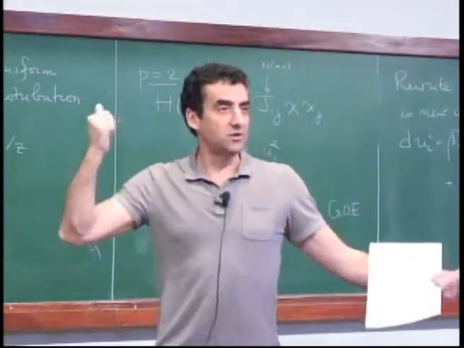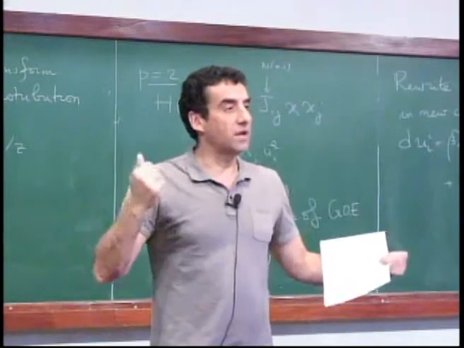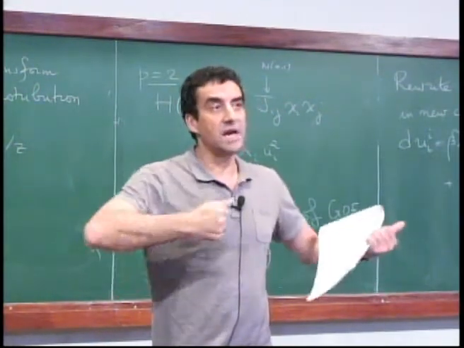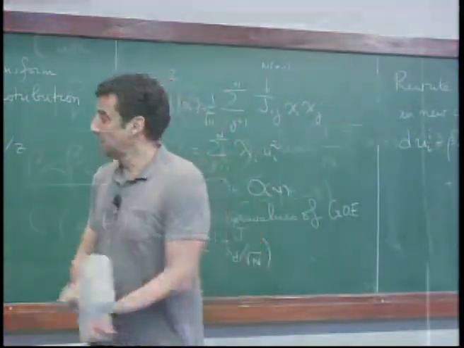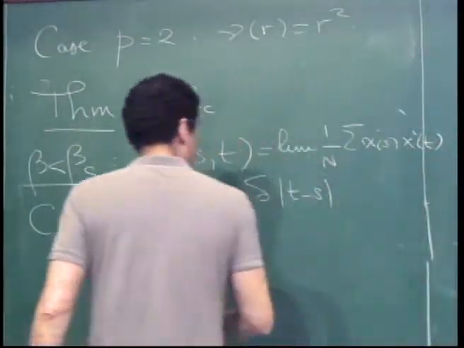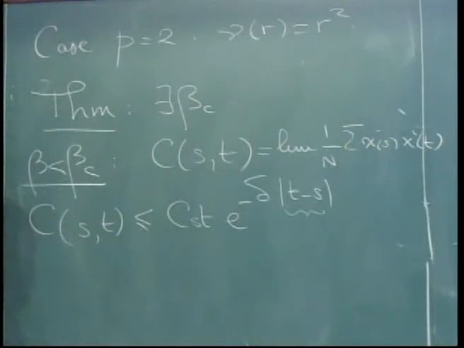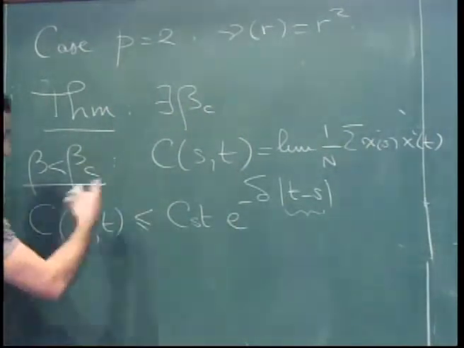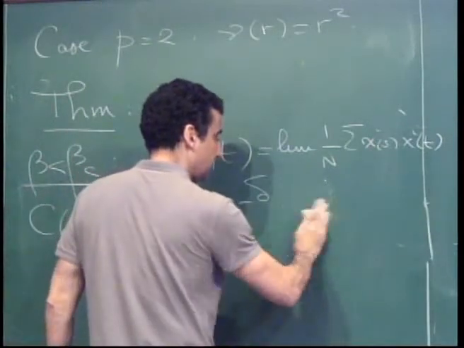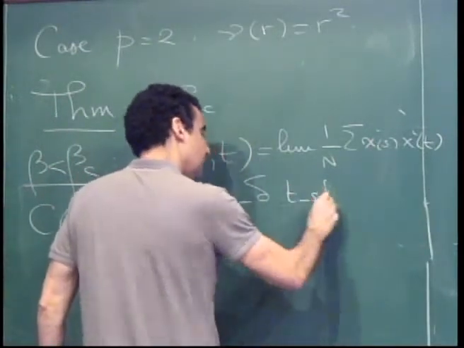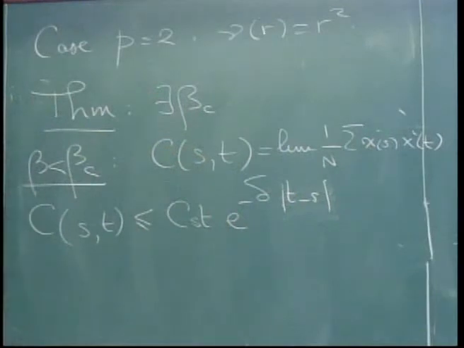That means they completely forget where they are. They're as if they were chosen completely randomly. There are two important things here. This goes very quickly, but it also only depends on t minus s. It's time translation invariant. It's not like aging. If I chose s to be larger than t, that was s minus t, okay, absolute value, so then I don't have to care.